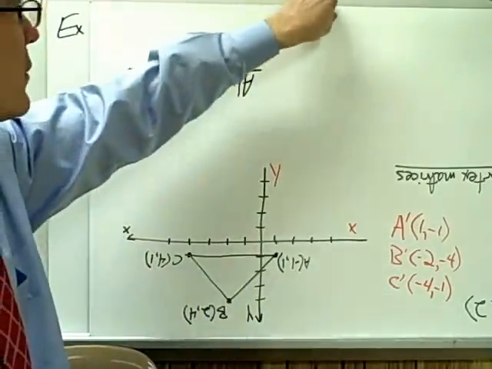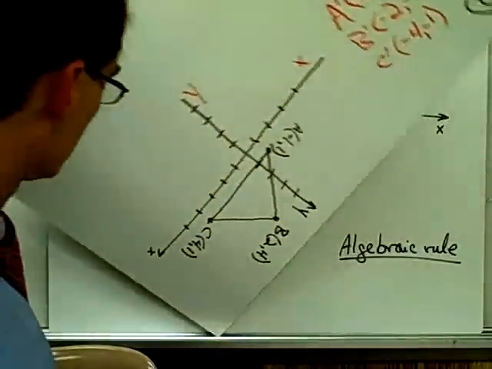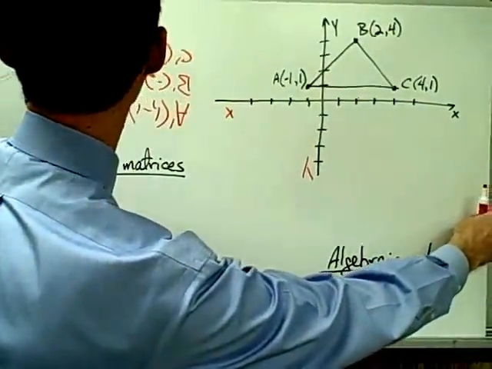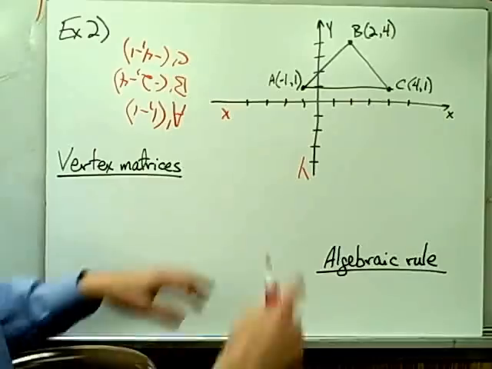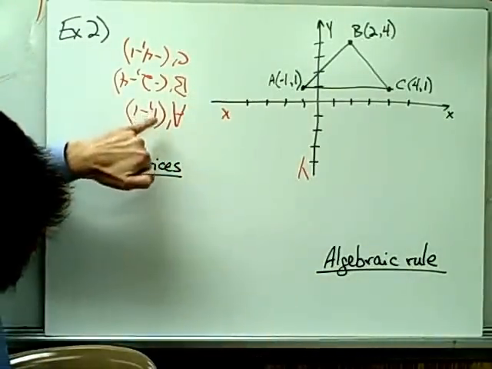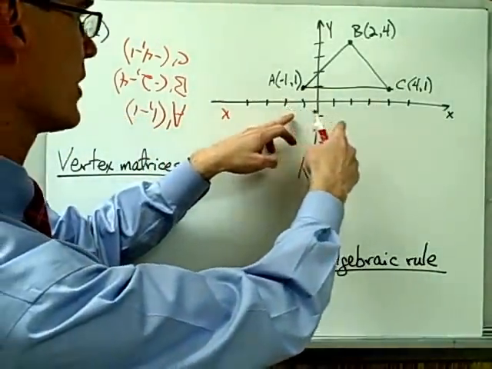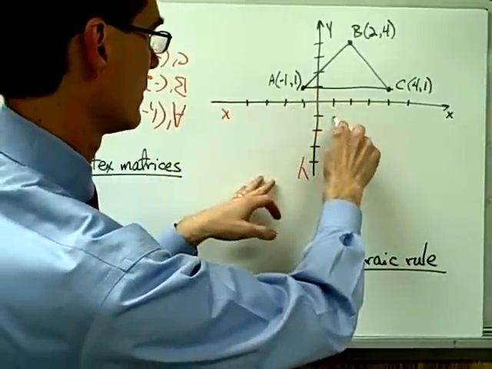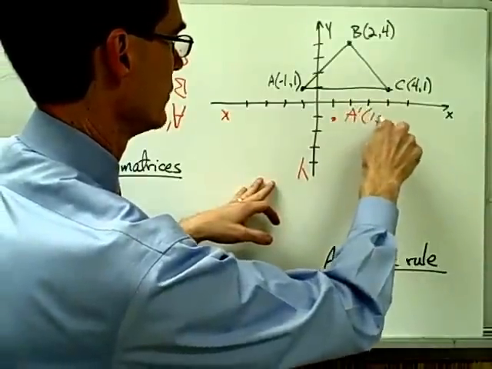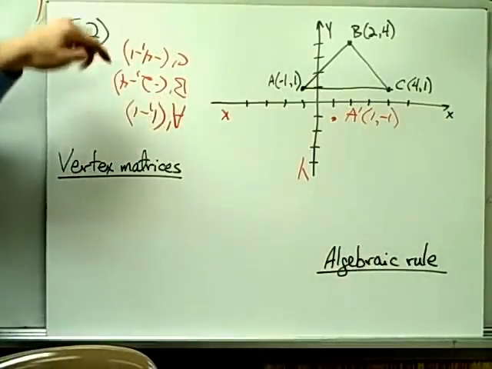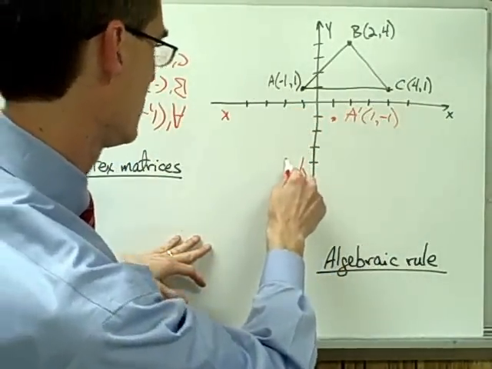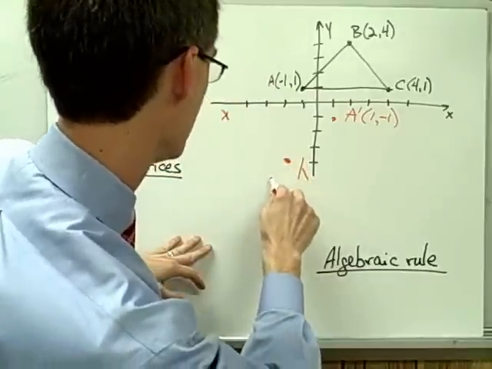Now let's go back to our original orientation and draw in those coordinates on our original set of axes. A prime is 1, negative 1, so A prime becomes this point right here. B prime is negative 2, negative 4, so here's B prime.